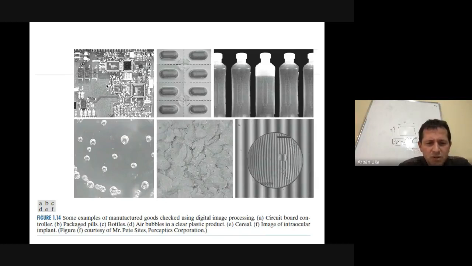In our electronics lab, sometimes we have to connect very small components on very small chips, and you need a very good lens in order to really see what you are connecting. Otherwise, it's impossible. You can also check for air bubbles in a plastic product. Sometimes you want to make a good plastic bottle, but you have some air bubbles. It doesn't look good. It's good to have a high quality of material.